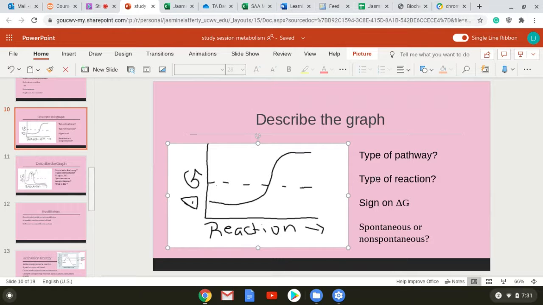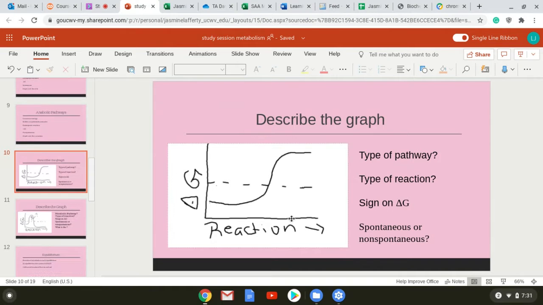Okay. All right, so what is the type of reaction? We've already decided that this is an anabolic pathway. So would that be exergonic or endergonic? Endergonic. Great. Good job. All right, so what is the sign on delta G?